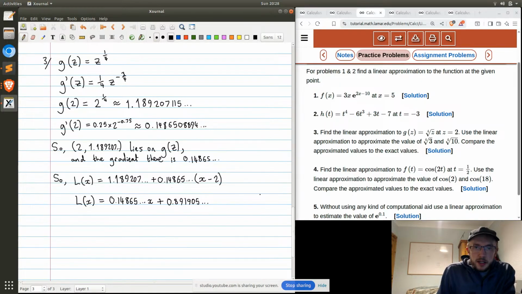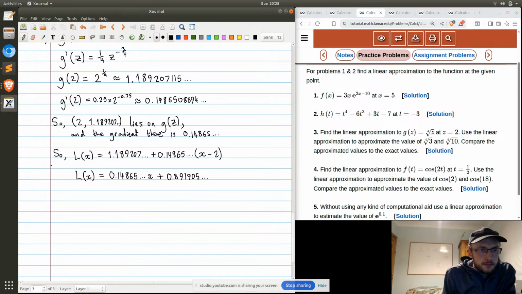There's the linear approximation. L of the 4th root of 3, and we need to compare that to G prime of the fourth root of 3, I believe.